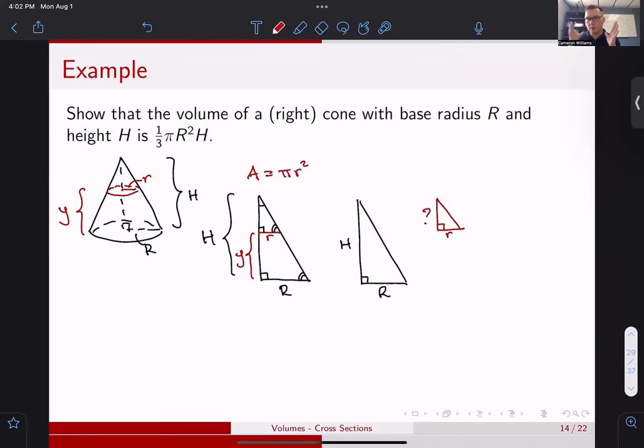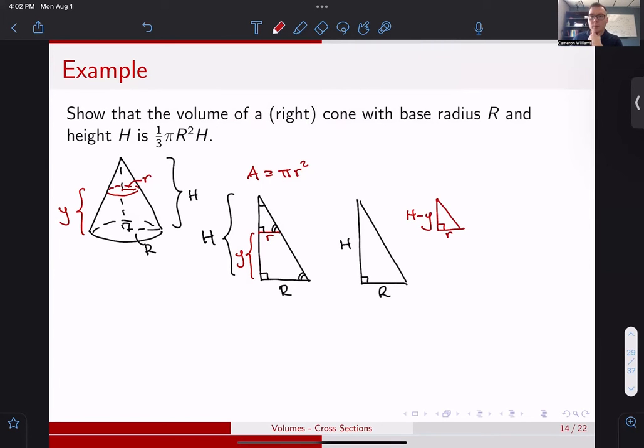A priori, we didn't define that to be part of the problem, so we need to find what this is. If we track that back, we know the overall height and we know this portion, so we can get this portion by subtracting. This is big H minus y.